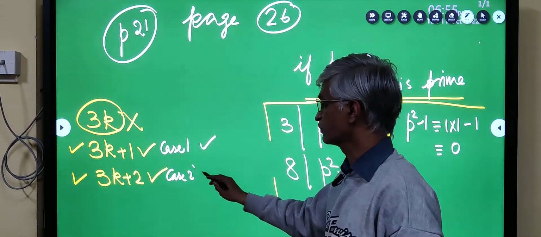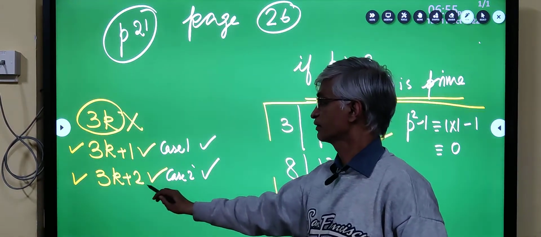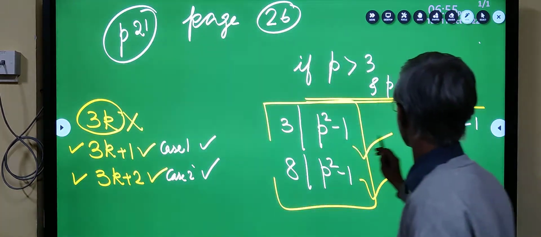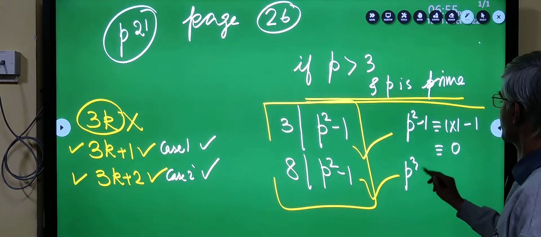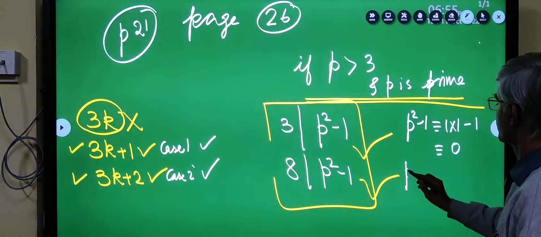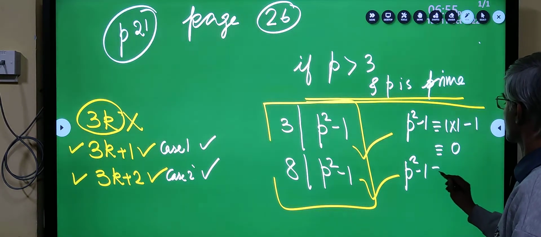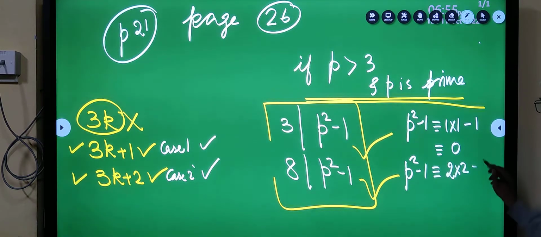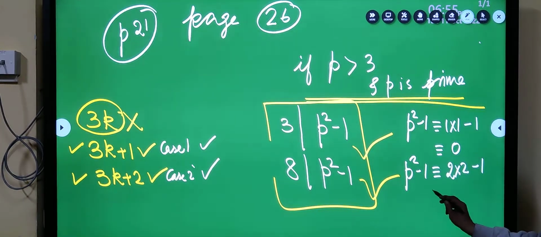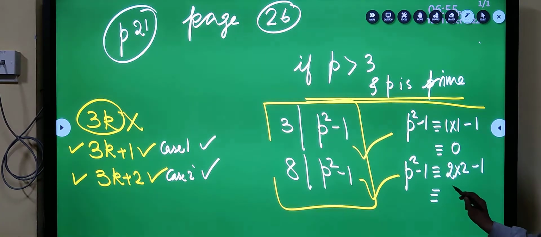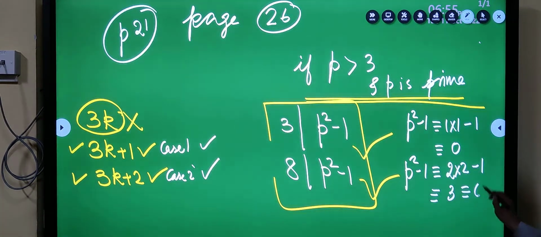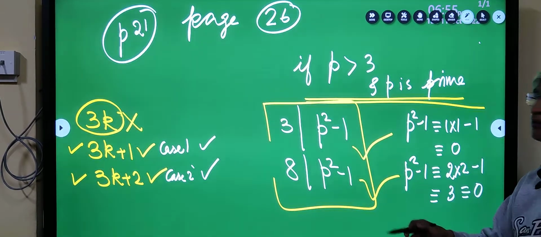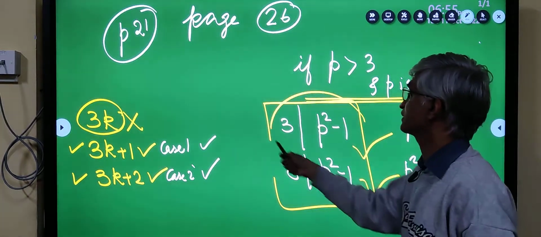But there is also one more case, which is p leaves a remainder of 2 when you divide by 3, in which case p square minus 1 leaves the same remainder of 2 into 2 minus 1, because you can multiply the remainders, and this is nothing but 3, which is nothing but 0. So once again, p square minus 1 is divisible by 3, and we have finished this part of the problem.